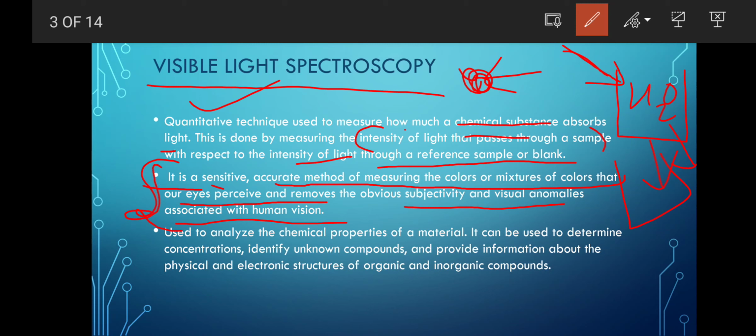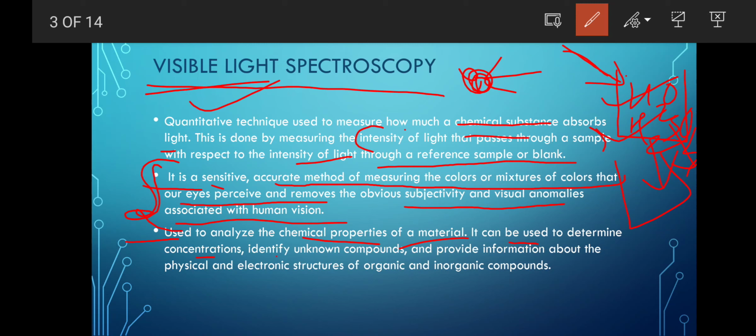For analyzing that type of colors or mixture of colors, we say it is visible light spectroscopy, and it is used to analyze chemical properties, like the structure, the melting point, the boiling point, and different types of chemical properties of that material. It can be used to determine concentration, like here in H2O, if I mix H2SO4, that is a chemical solution, then it can also tell us in how much concentration both are present.